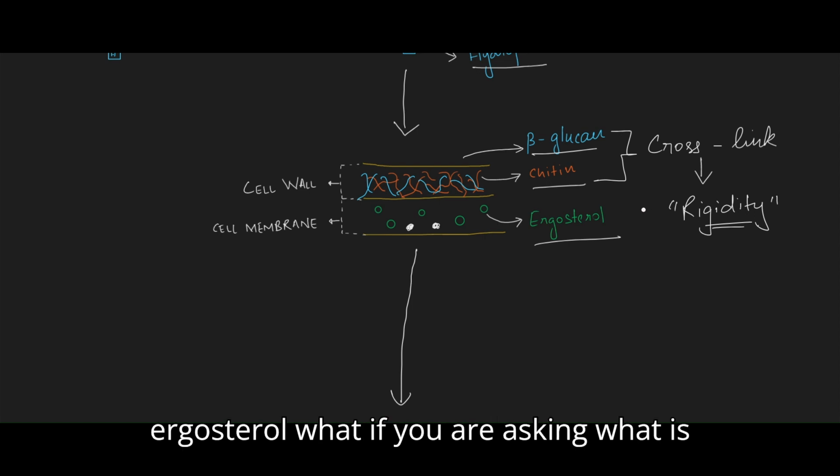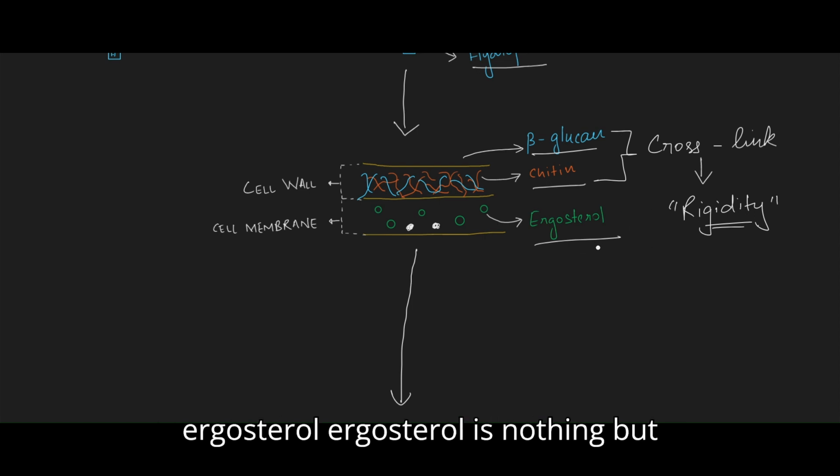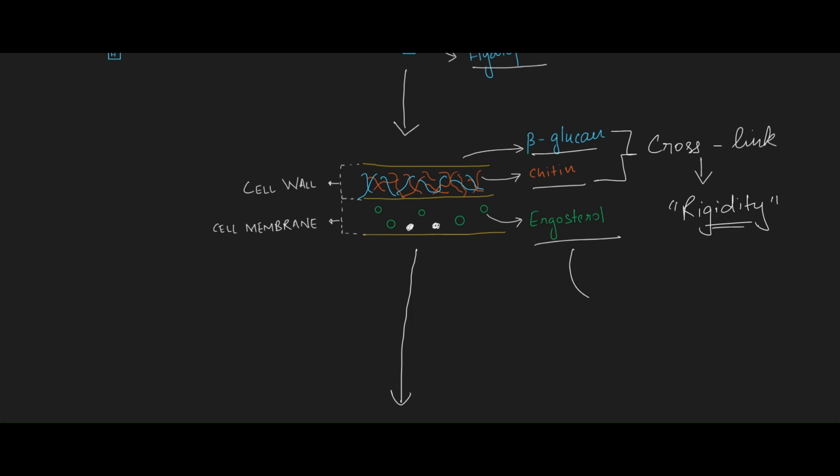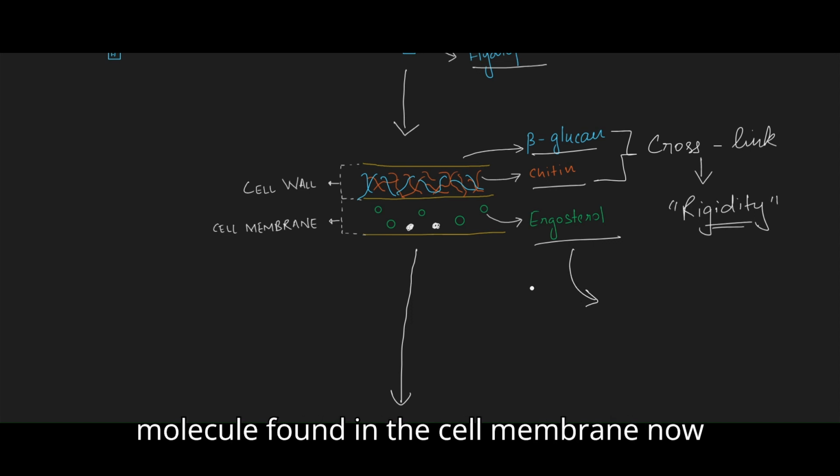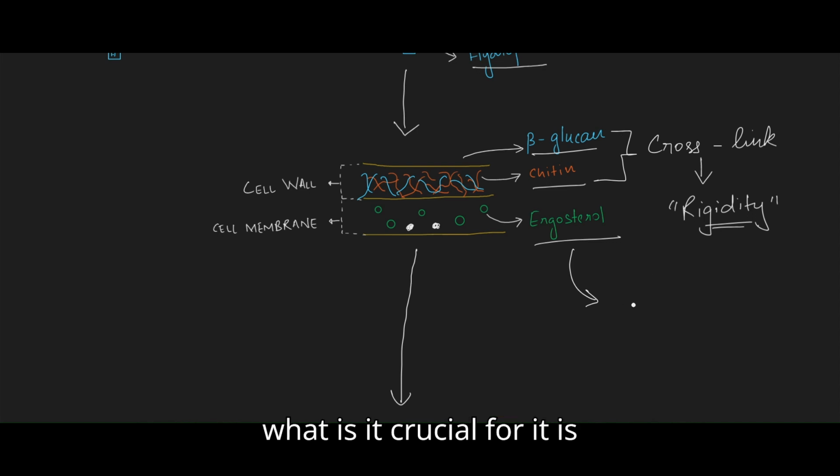Now ergosterol, if you're asking what it is, is nothing but a steroid molecule. It is a steroid molecule found in the cell membrane. Now what is it crucial for?